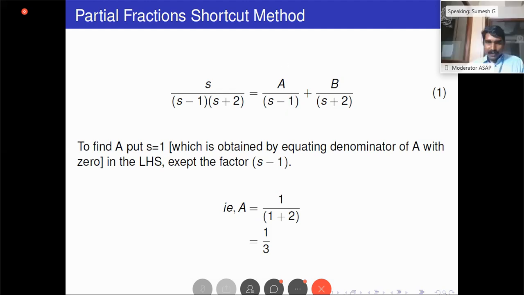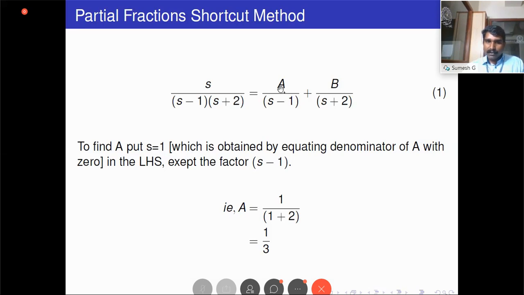So to find the value of a, we have to substitute s equal to 1. S equal to 1 is obtained by substituting denominator of a to 0. So denominator of a is s minus 1. It gives s equal to 1.